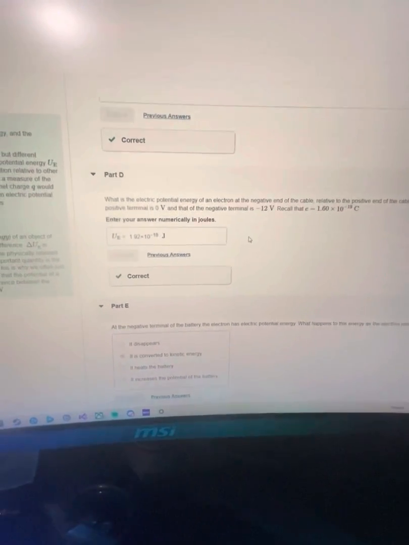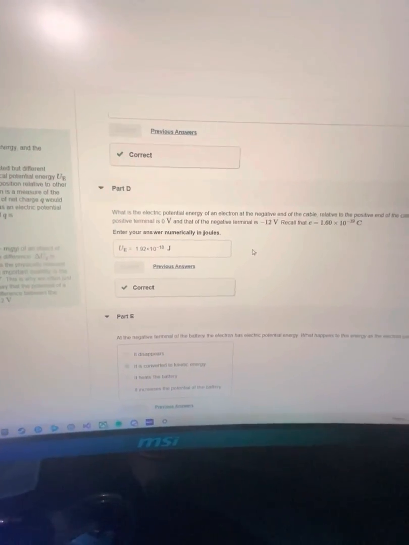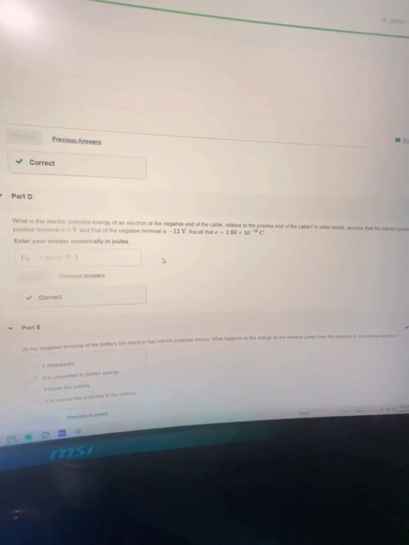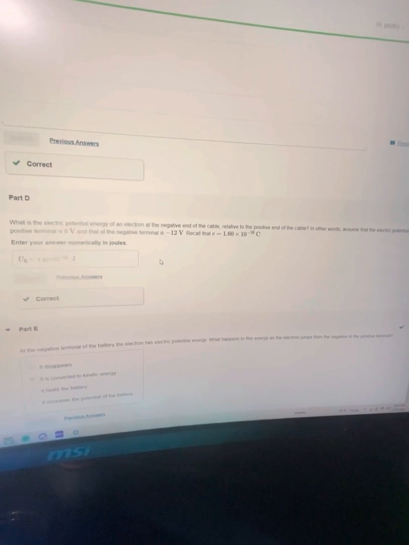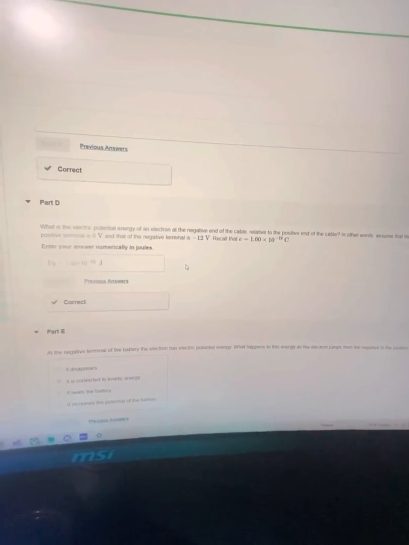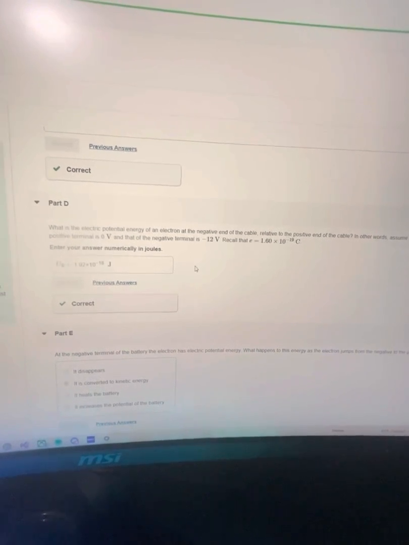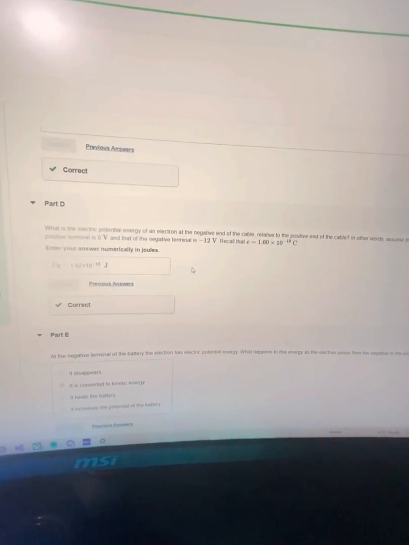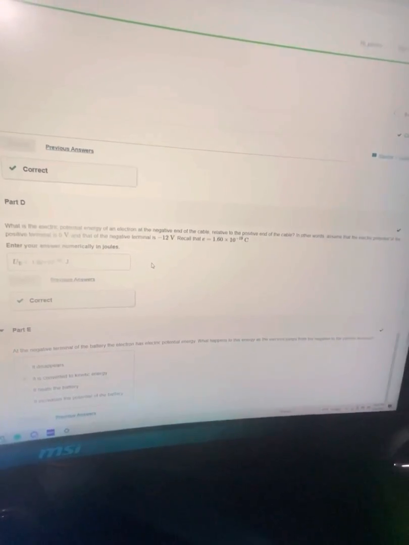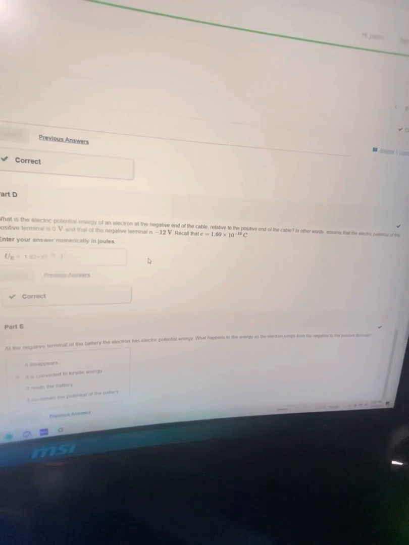Moving on to part D, we're asked, what is the electrical potential energy of an electron at the negative end of a cable relative to the positive end of the cable? In other words, assume that the electric potential of the positive terminal is 0 volts and that the negative terminal is negative 12 volts. Recall that an electron has a charge of 1.6 times 10 to the negative 19 coulombs.